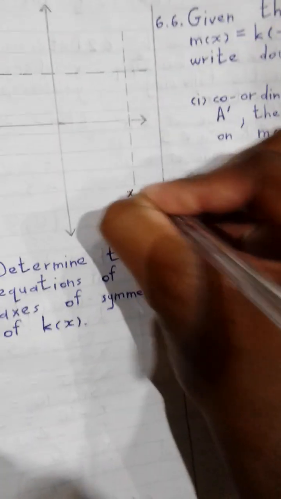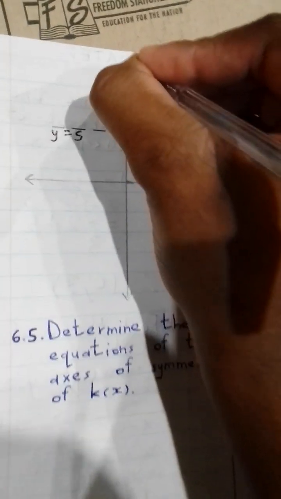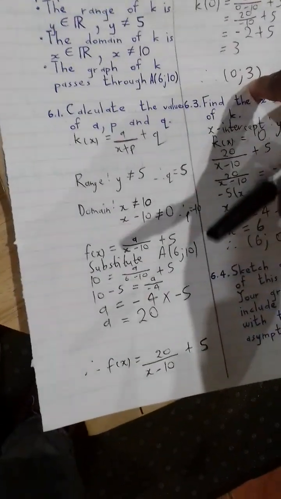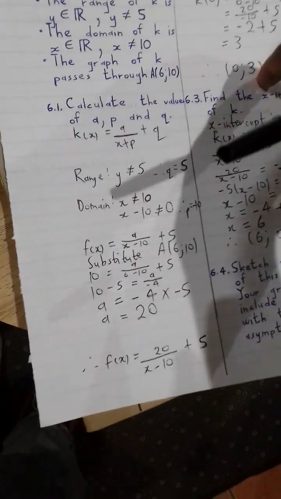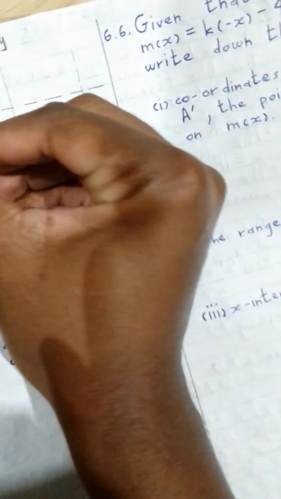So there they are. This is the line x is 10, and this is the line y is 5. Then the y-intercept at 3 and the x-intercept at 6. So it would have to be something like this.